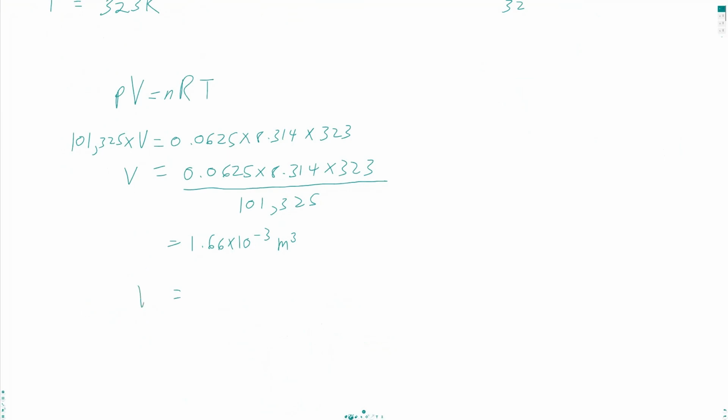So V is equal to 1.7 dm cubed, correct to two significant figures. Okay, so that is your final answer.